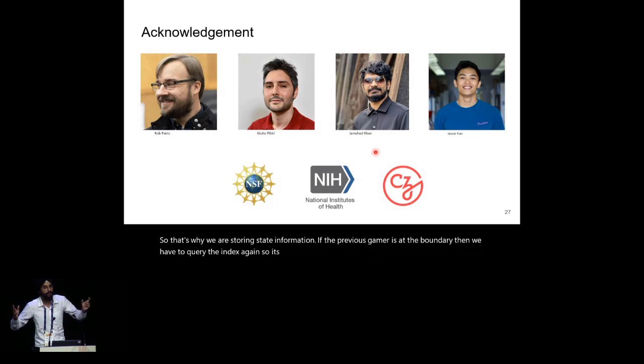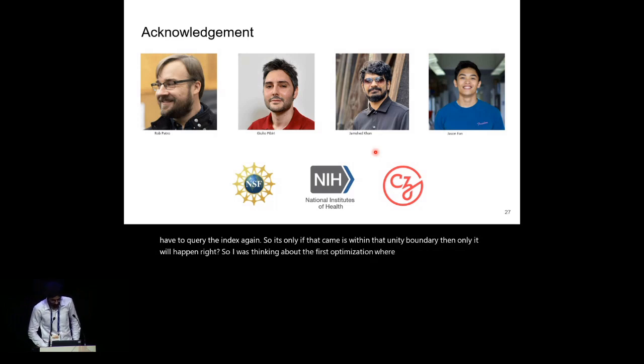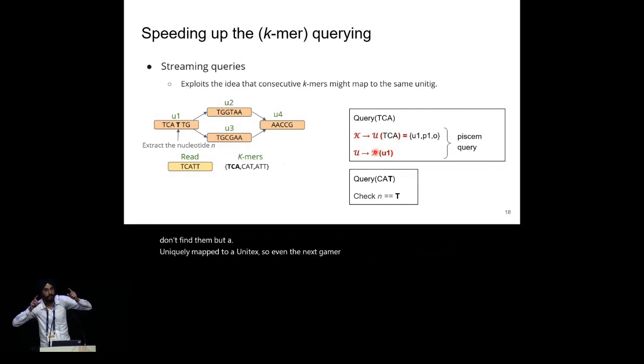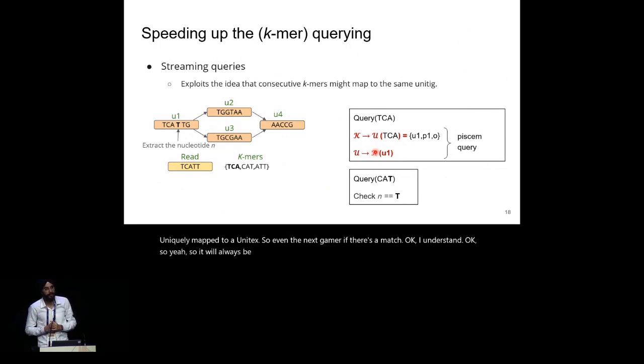It's only if that k-mer is within that unitig boundary that this happens. I was thinking about the first optimization, where you sometimes don't look into the index because you find the match in the unitig where the previous k-mer was. Could it happen that the next k-mer has multiple matches and you don't find them? But a k-mer will be uniquely mapped to a unitig, so even the next k-mer, if there's a match, it will always be within that unitig. Okay, I understand. Thank you.